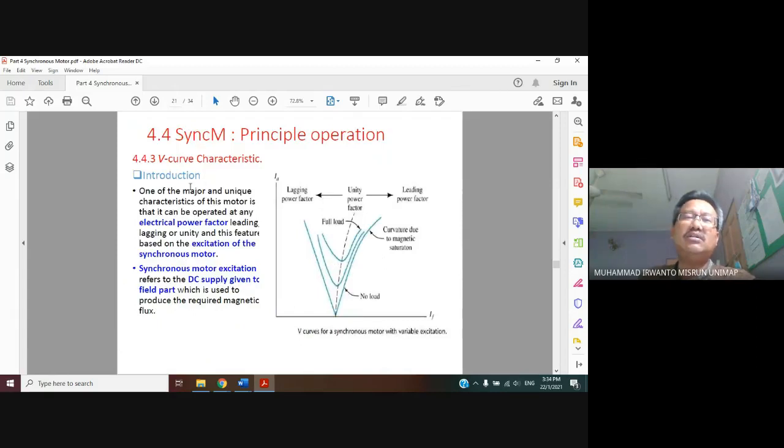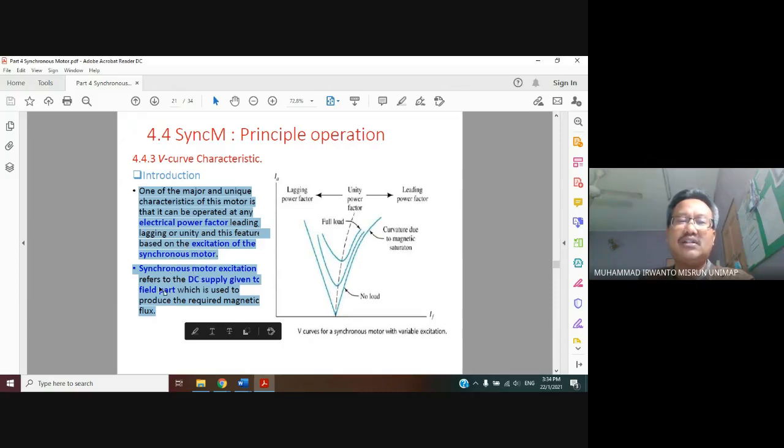Okay, now I'll just read this part. One of the major and unique characteristics of this motor is that it can be operated at any electrical power factor, leading, lagging, or unity, and this feature is based on the excitation of the synchronous motor.